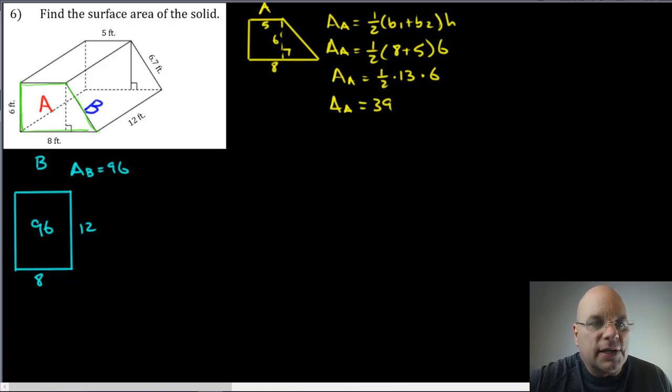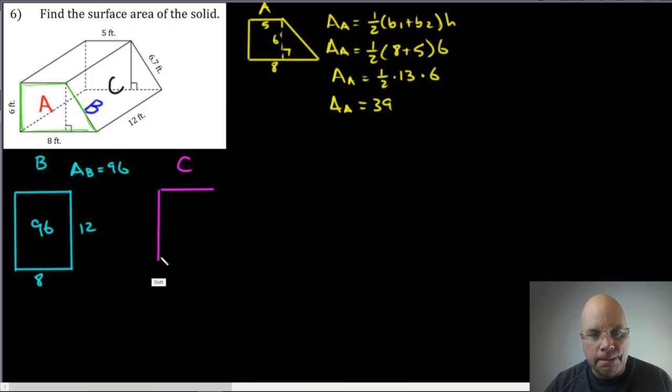I'm going to call face C this diagonal face right here. So I'll sketch it here, face C. It has a base of 6.7 and a height of 12.